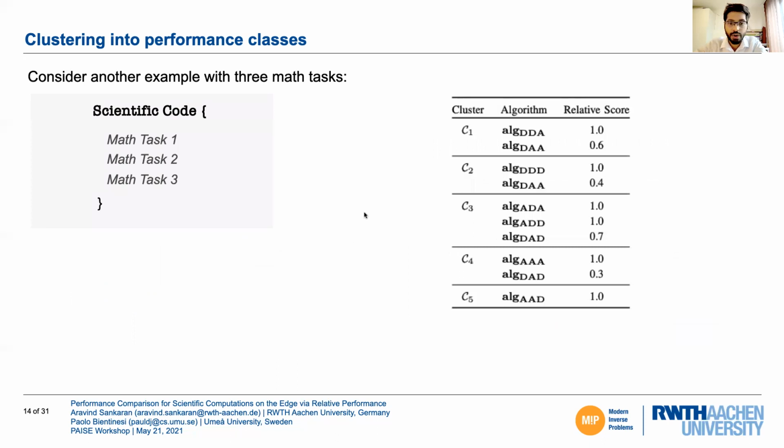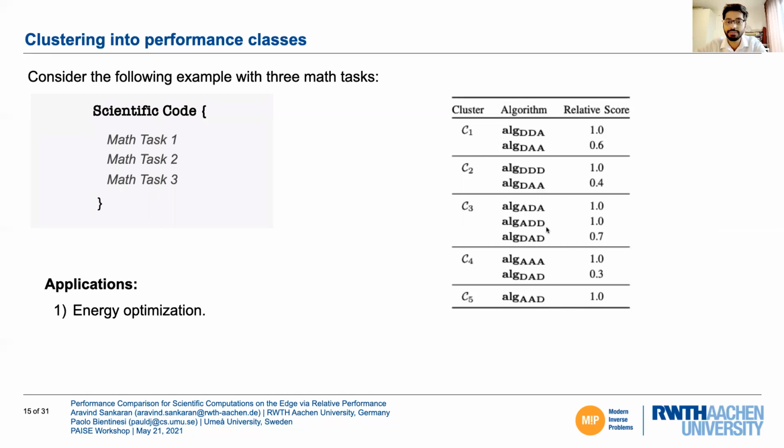Before going on to how we can actually get this table, let me discuss what we can actually do with such a clustering. So here's another example with 3 loops, and there are 8 different implementations. First of all, with this table, we can find out if using another vehicle or another accelerator helps at all. So here, running all the 3 mathematical tasks on the edge device, that is algorithm DDD, results in the second best performance class.